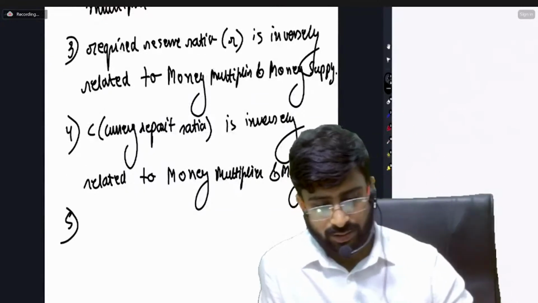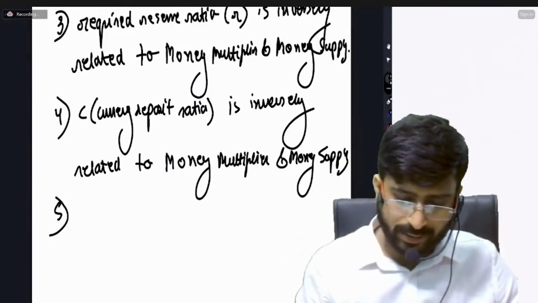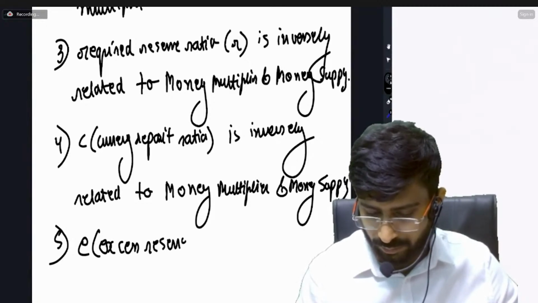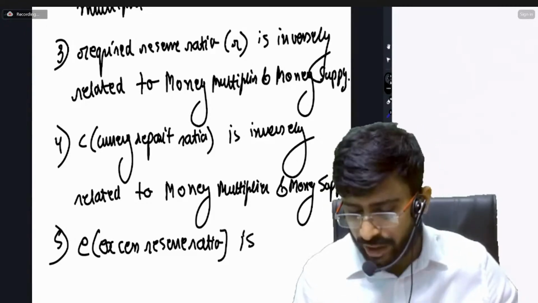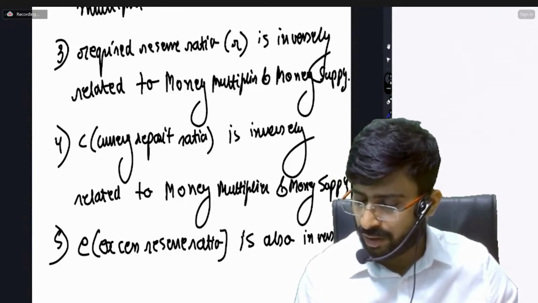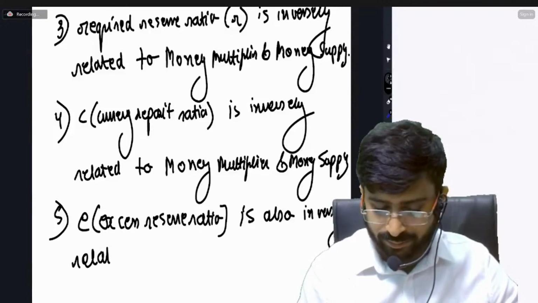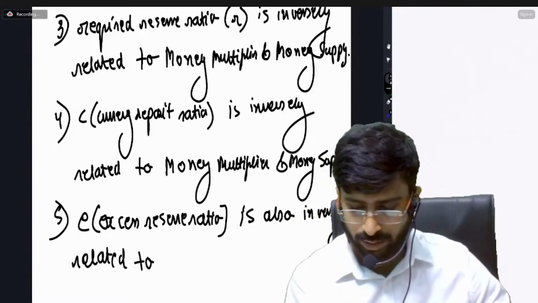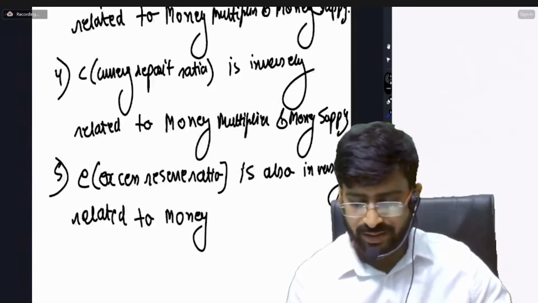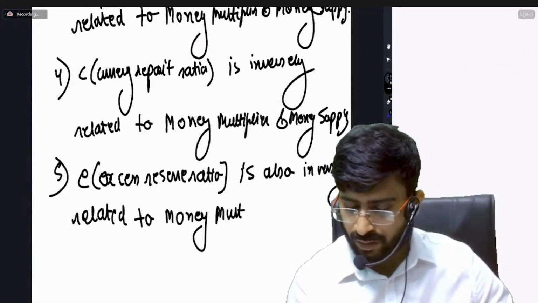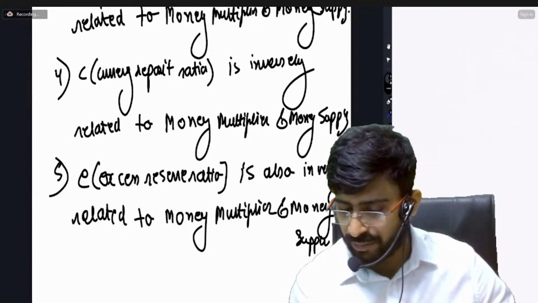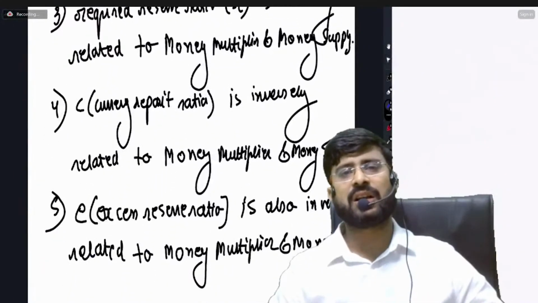And the fifth thing is E, excess reserve ratio, is also inversely related to money multiplier and money supply. Friends, is that crystal clear? Come on, guys.